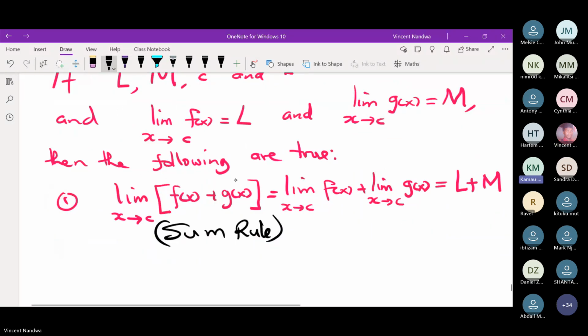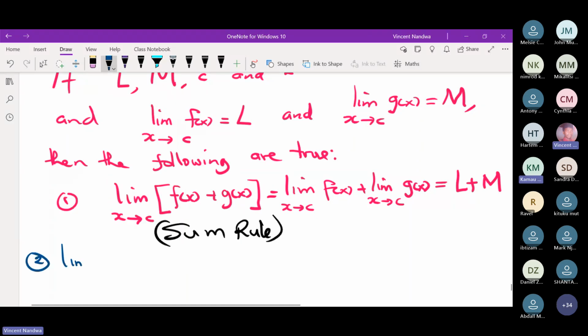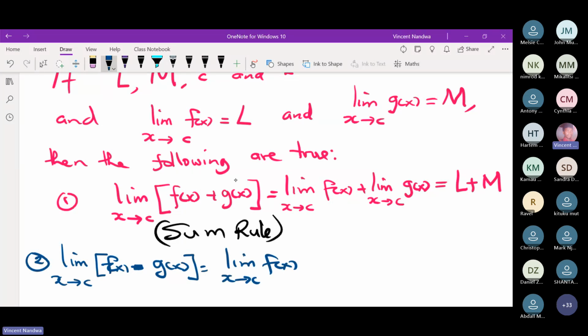Then number two, the limit as x approaches C of f of x minus g of x will be the limit as x approaches C of f of x minus the limit as x approaches C of g of x, which will be L minus M. So what special name can we give this from the structure of the statement?